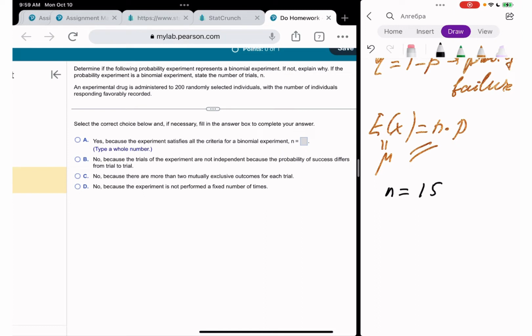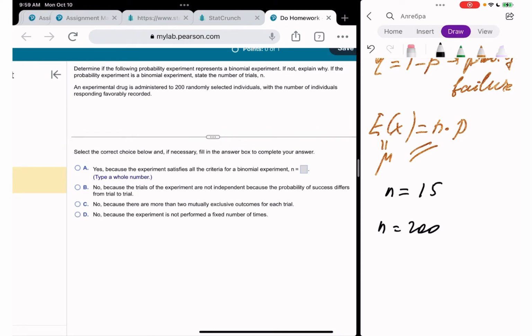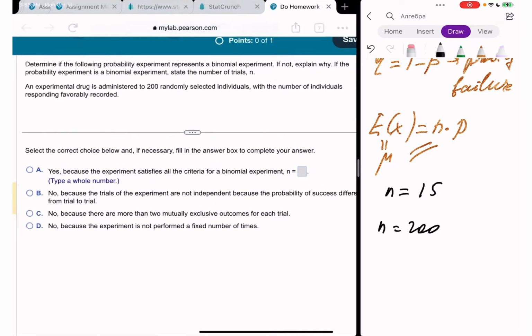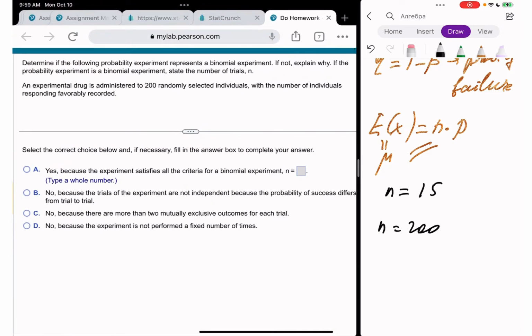So what do we have here? We have n equal to 200, and the trials are independent, right? And we count the number of individuals responding favorably.